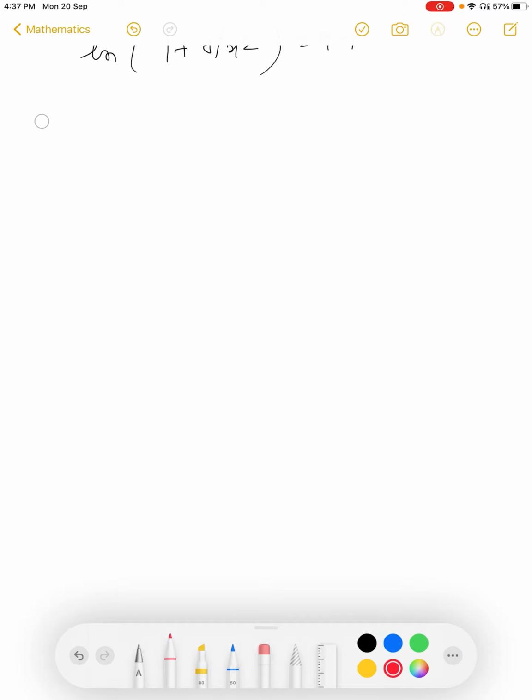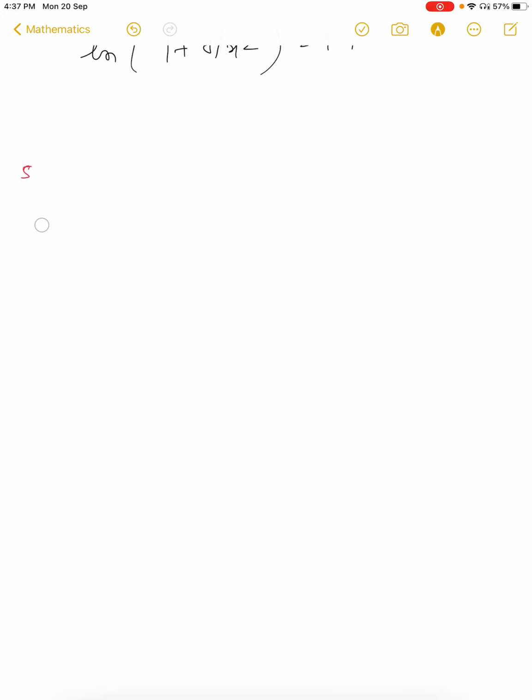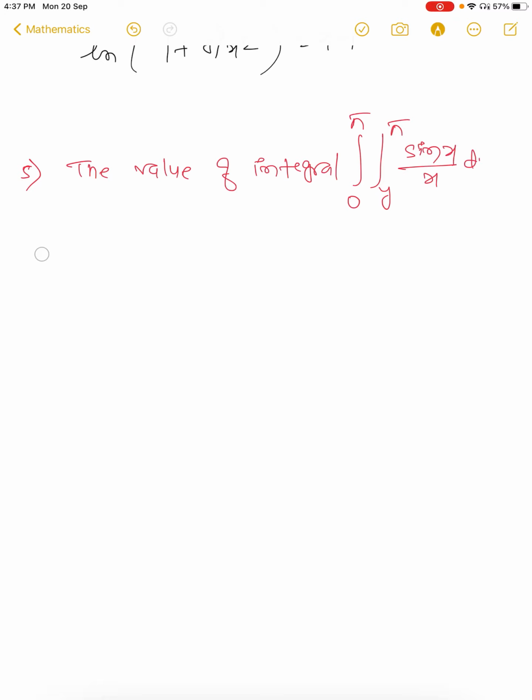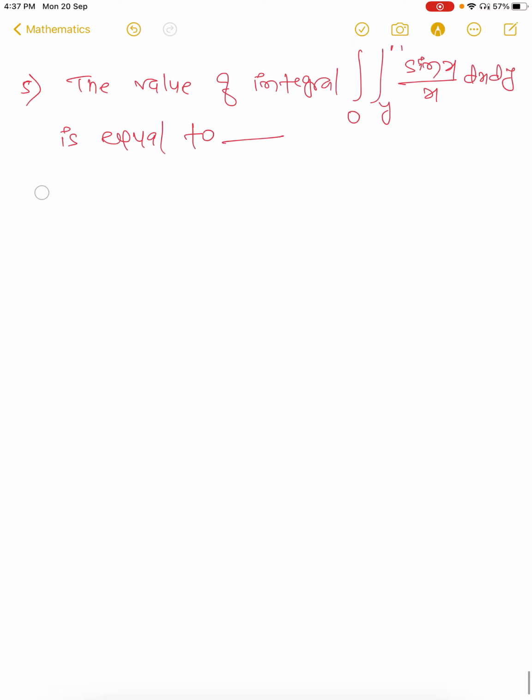Now come to the next question. The value of the integral from 0 to pi, y to pi, of sin x upon x dx dy is equal to... Solution.